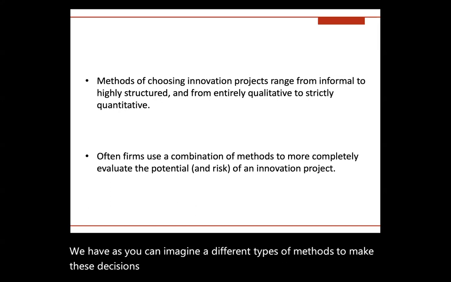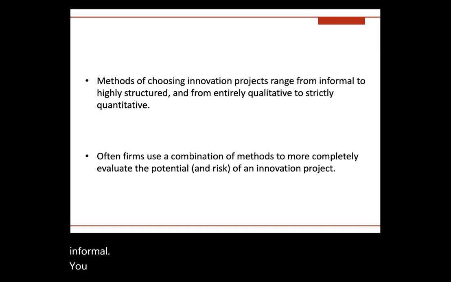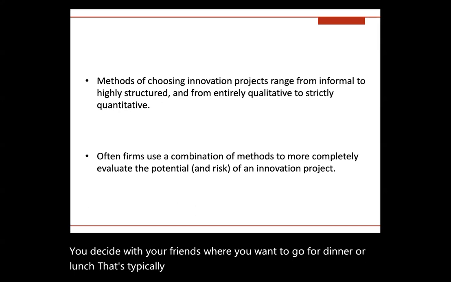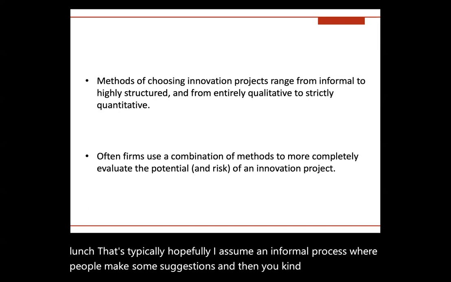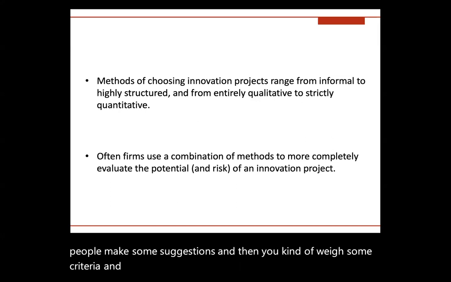Some are highly structured, some are more informal. You decide with your friends where you want to go for dinner or lunch. That's typically, hopefully, an informal process where people make some suggestions and then you weigh some criteria and then you decide on the place.